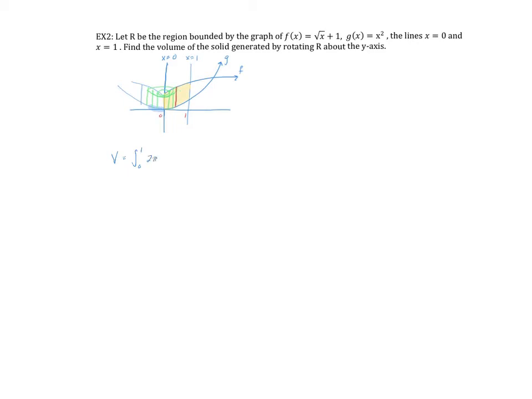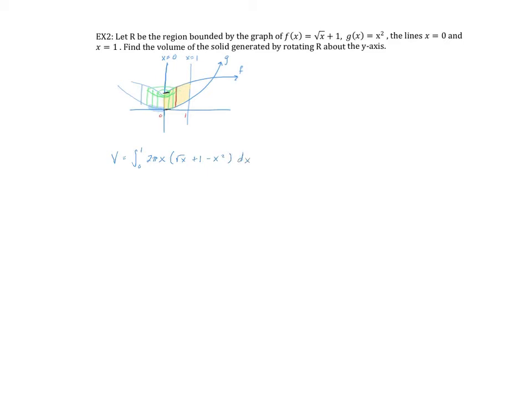Two pi, remember the radius here for any one of these shells is just a corresponding x value. So 2 pi x. And then our height is going to be upper minus lower function, which is the square root of x plus 1 minus x squared, okay, dx.